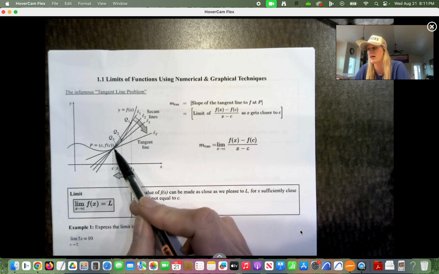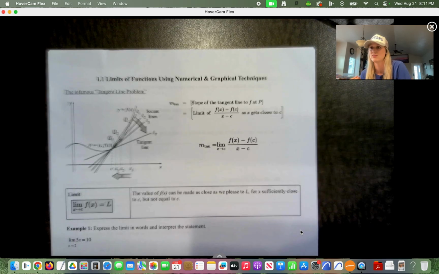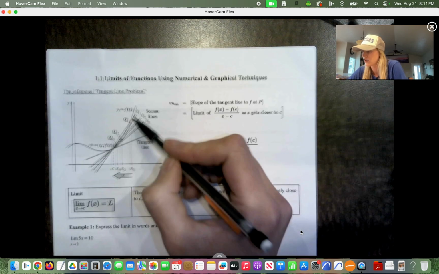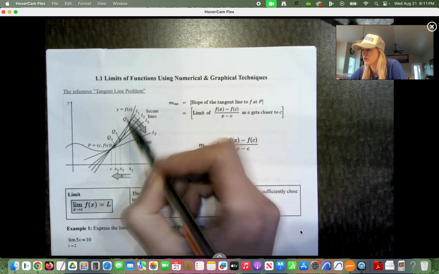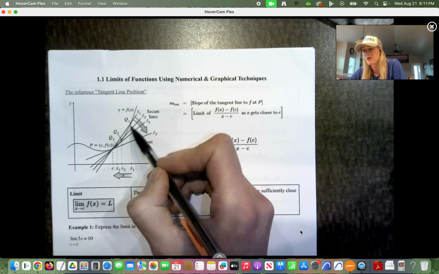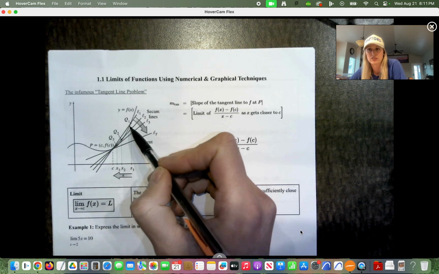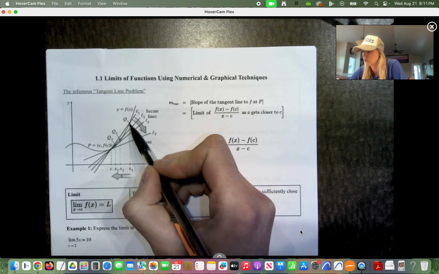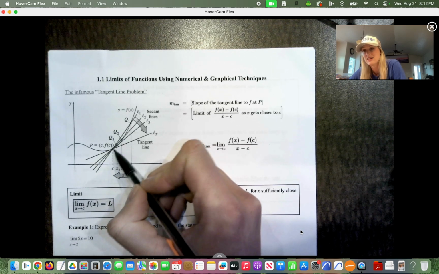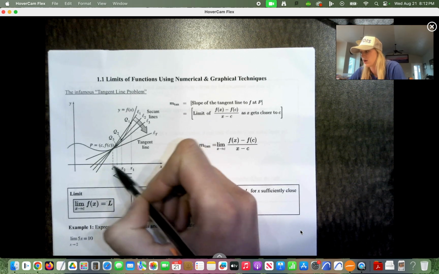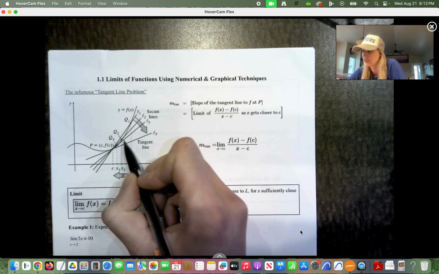Well, a tangent line touches at only a single point. So I can create a secant line, which means it's touching our graph at 2 places instead of just 1. And I could calculate the slope that way, but it's not exactly the same as the slope of the tangent line. I can gradually move those 2 points closer and closer to this point C, C being the point of tangency.